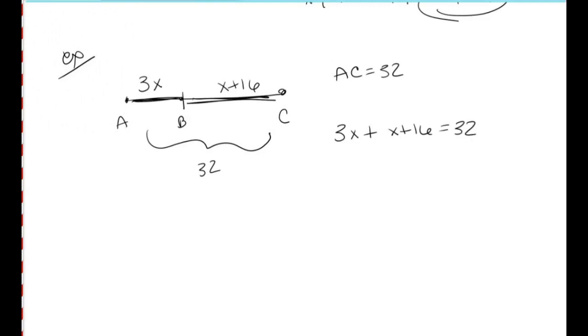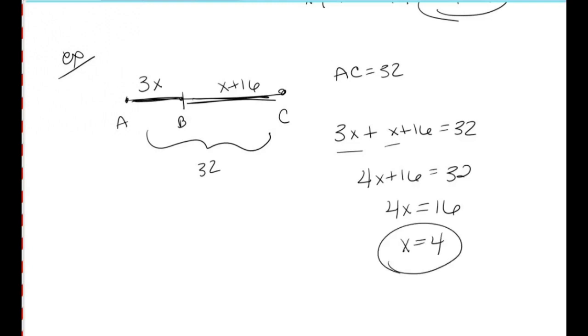All right, now we're going to use those awesome algebra skills like I know you have. We're going to combine like terms to solve this. Subtract 16, and we're going to divide by 4. So if the question asked us to solve for x, we have that.